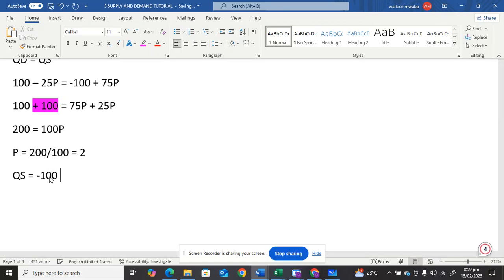Negative 100 plus 75p, we substitute p with 2. So 2 times 75, that is 150. So negative 100 plus 150, the quantity supplied is 50 million medas of potatoes.